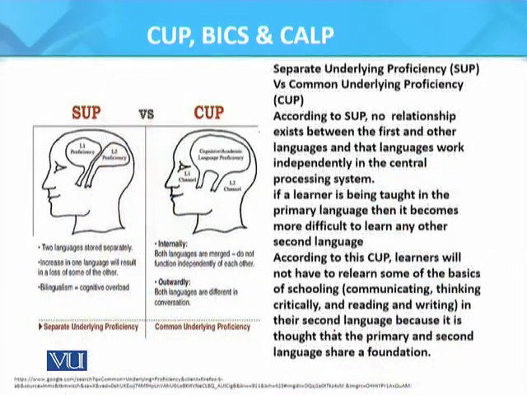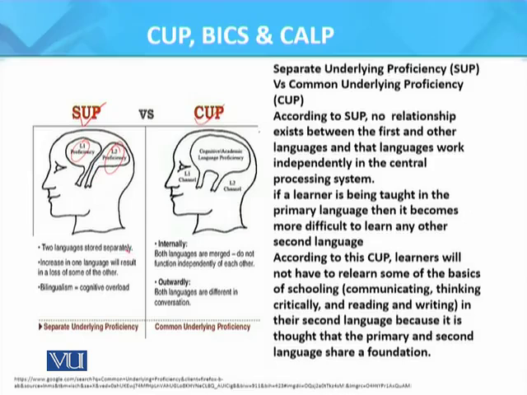Here in front of you, you have this image where you see two pictures. One is separate underlying proficiency versus common underlying proficiency. Under separate underlying proficiency, you will see two blocks. Both languages are represented separately from each other.